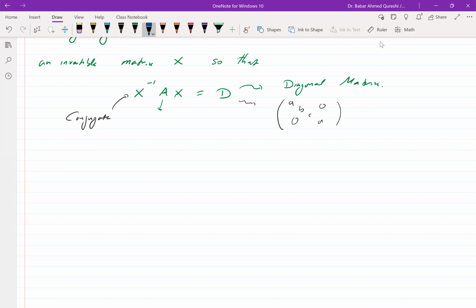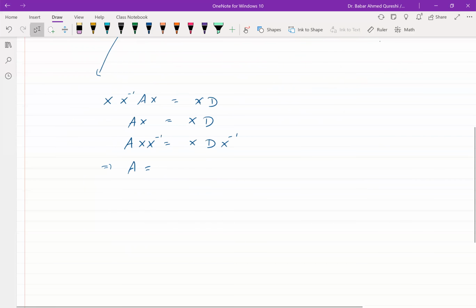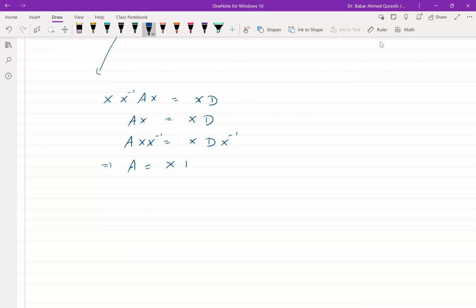So from this equation, if I multiply by X from the left, I get this. And then I multiply by X inverse from the right, I get this. That means if my matrix is diagonalizable, then it can be written like this.